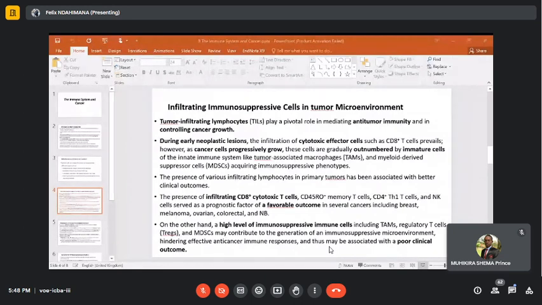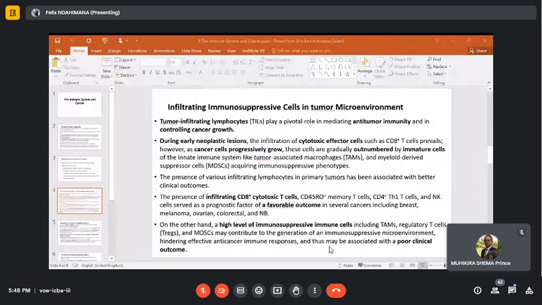We have tumor infiltrating lymphocytes playing a pivotal role in mediating anti-tumor immunity and in controlling cancer growth. These are lymphocytes that help us to fight off these cancer cells.